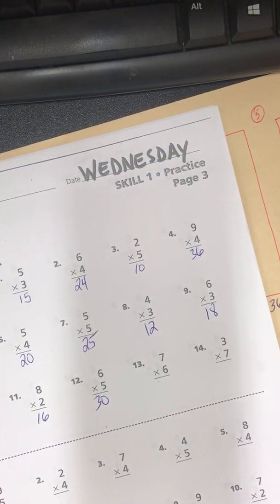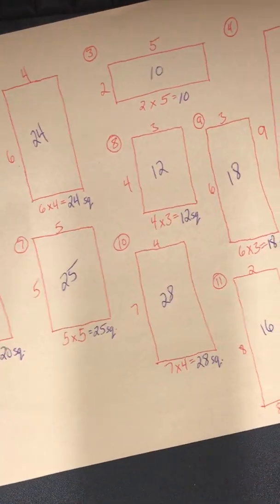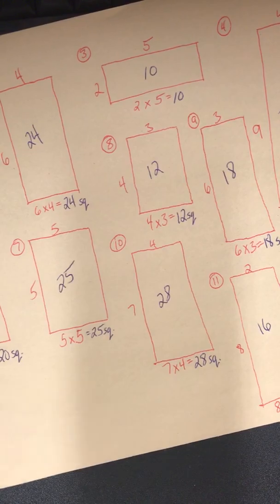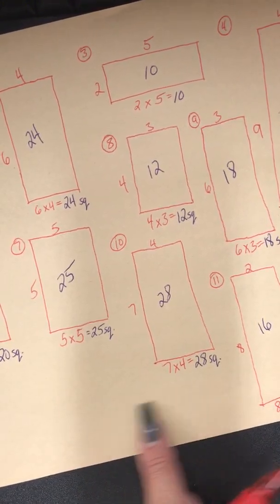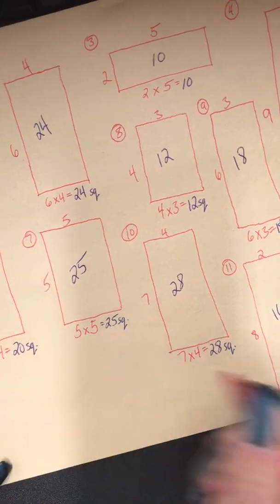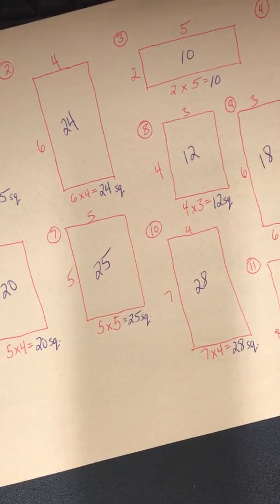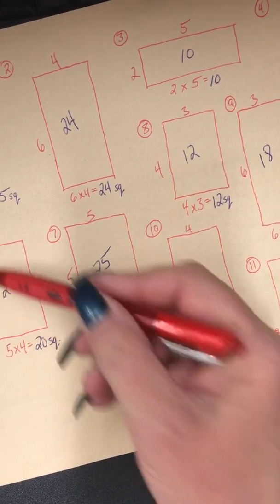Ooh, look at number 13. 7 times 6. That's a big one. Okay, well, I want to fit all of these on the page. 3 times 7, I think I can squeeze in right here. So I'm going to try and put number 13 right here. The scale is not going to be the same. I'm not going to be able to make it 7 rows so that it's bigger than, say, 5 rows.